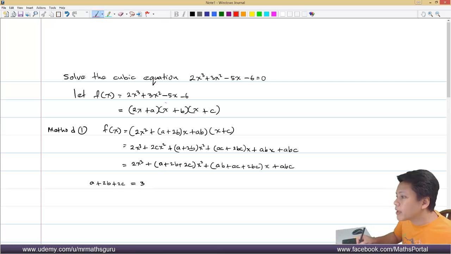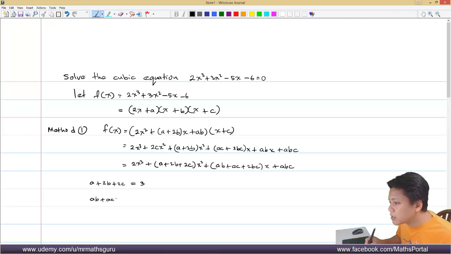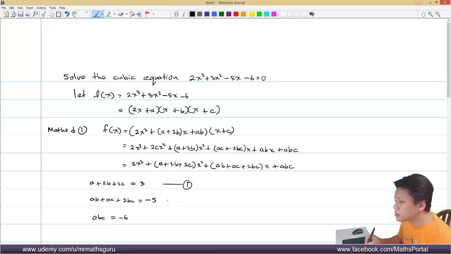And then compare with minus 5: ab plus ac plus 2bc is equal to minus 5. And the third one, abc, is equal to minus 6. Now we have 3 variables with 3 equations.